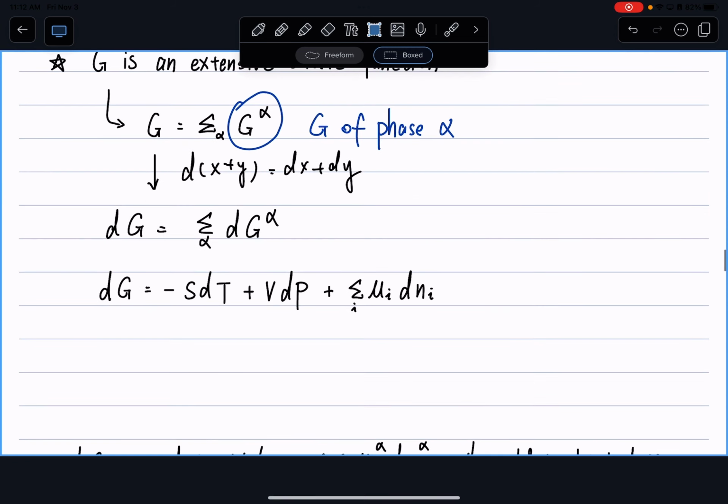Now, when we add that specific phase superscript into this equation, we're talking about the Gibbs free energy of that specific phase alpha. So for our entropy, we have to define it for our specific phase alpha, and likewise for our volume and our chemical potential. So for every dG alpha, we have that new superscript, saying we're specifically looking at the free energy, entropy, volume, and chemical potential in that specific phase alpha.